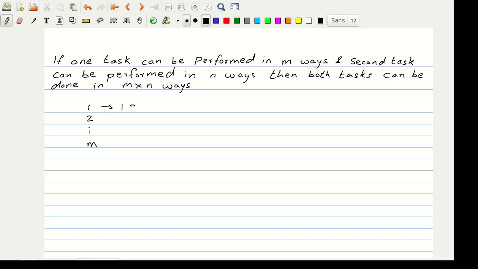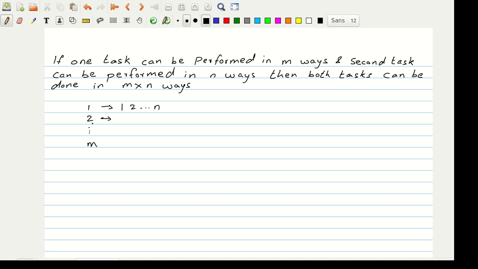So we can have 1, 2, up to n ways of doing the second task. If we have done the first task in the first way, then we can do the second task in n ways.